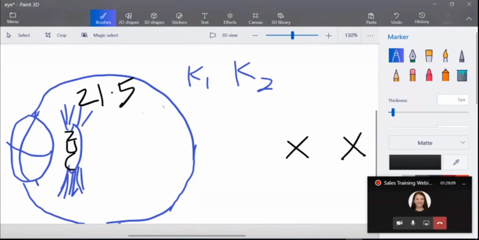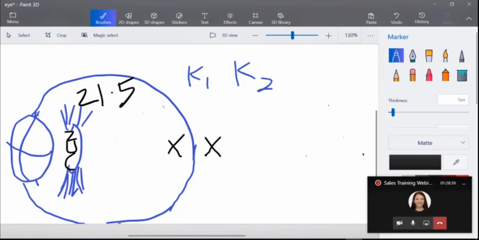So what happens is that we're not correcting the astigmatism, but because we are using the midpoint of the two K values to perform the calculation, effectively we bring the focus as close to the back of the eye as possible.